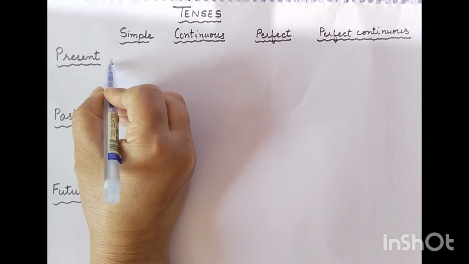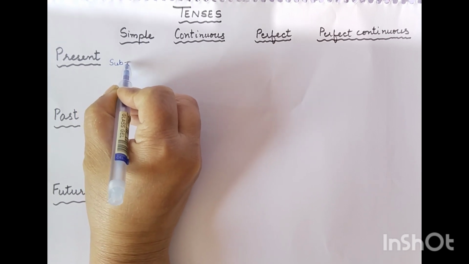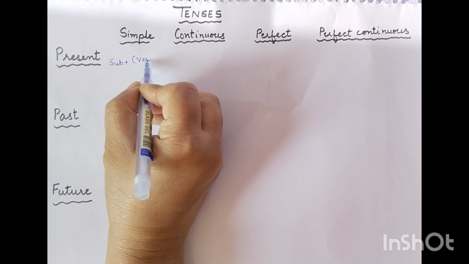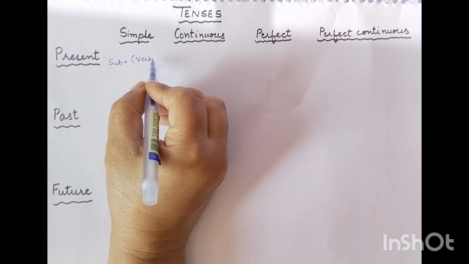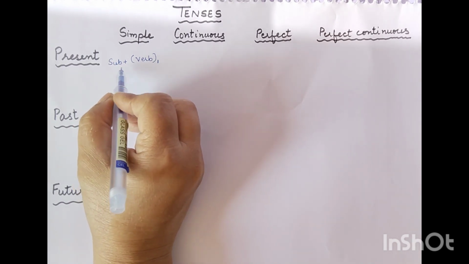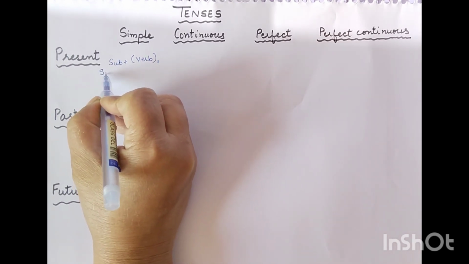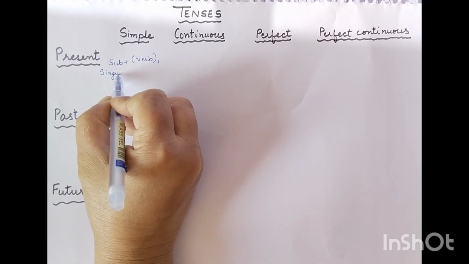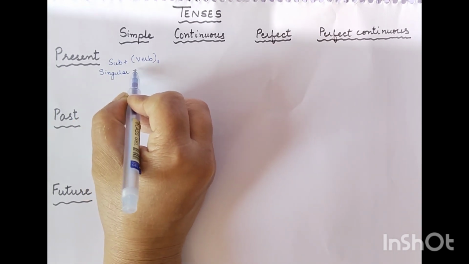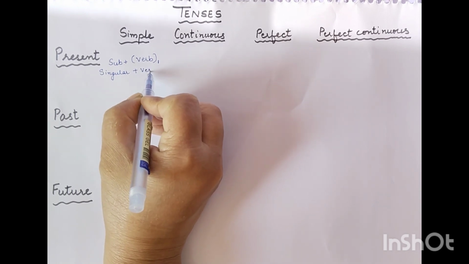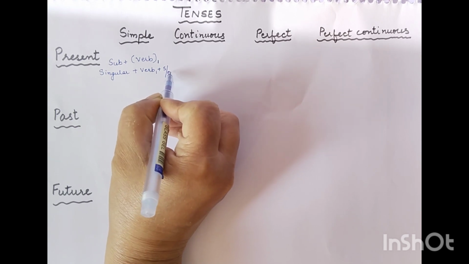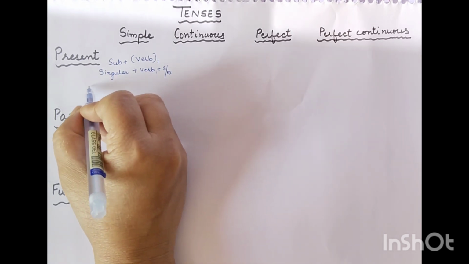Now start with the formula. In simple present, listen carefully. Subject plus first form of verb. If the subject is singular, then first form of verb plus s or es.